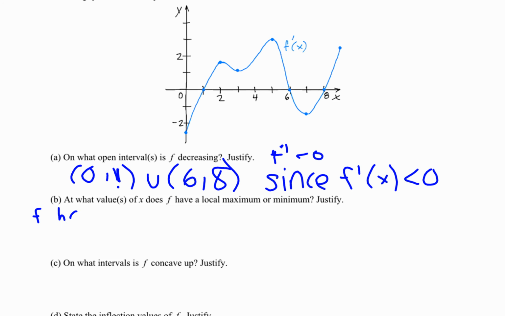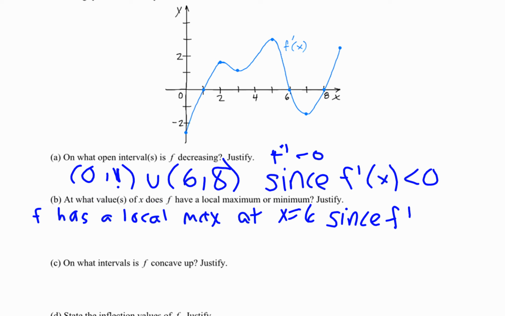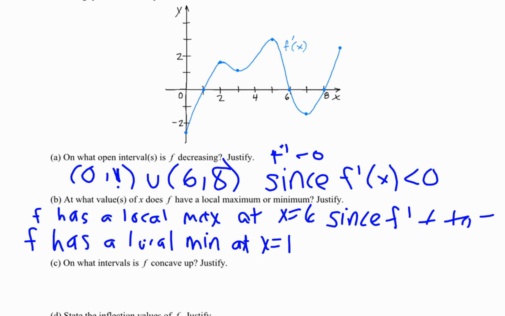So f has a local max at, okay, looks like 6, since f prime changes from positive to negative there, and f has a local min at x equals 1 and x equals 8, since f prime changes from negative to positive there.